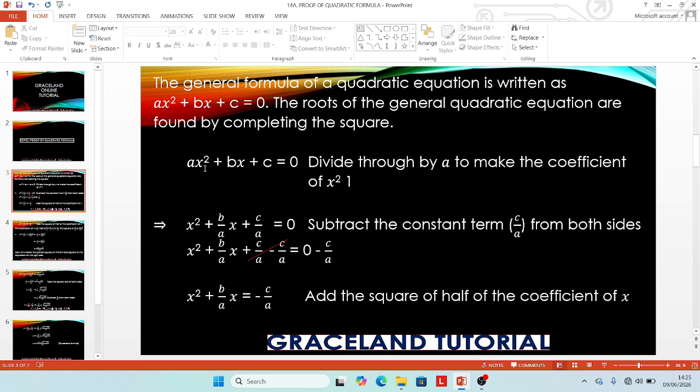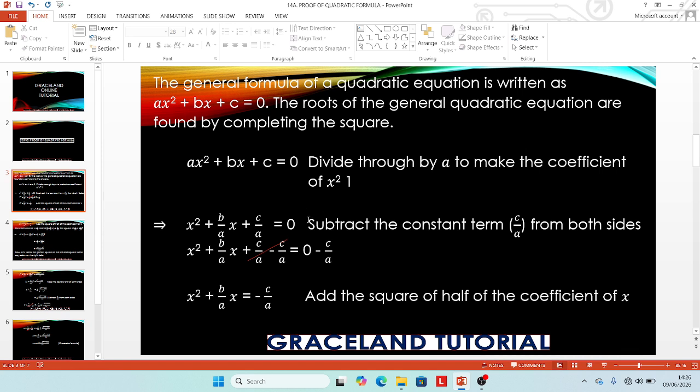Ax squared over a will cancel a and we'll be left with x squared, plus b over a x, plus c over a, which is equal to 0 over a. 0 over a will still give 0, and that will be equal to 0.